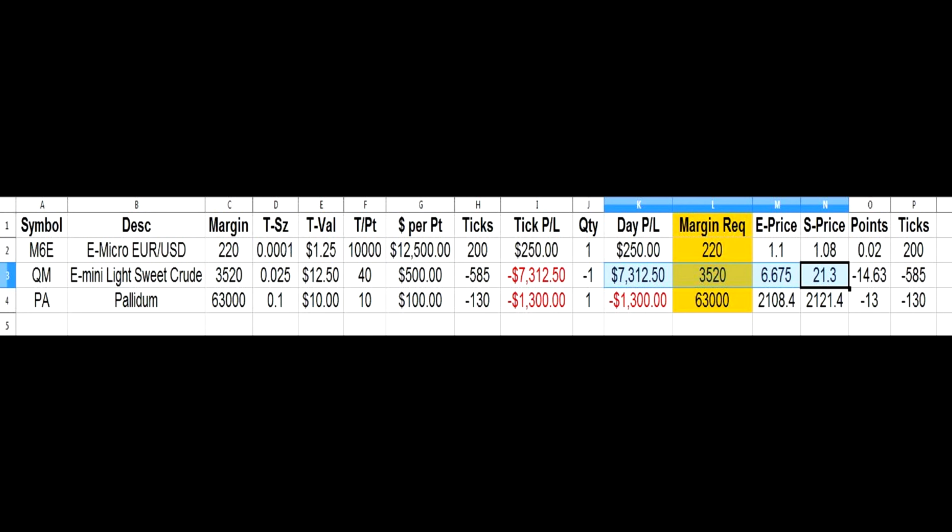So again, just real quick, if you're concerned about getting into futures trading, then start small. Start with M6E. At TD Ameritrade, at least in the United States, I don't know about Europe. I don't know what the rules are there in Europe, but here in the United States, you can open up a TD Ameritrade account with zero money. You don't need any money. You can open up an account. You can fund the account with any kind of money you want. Okay? The rules may change now. They may have changed recently.